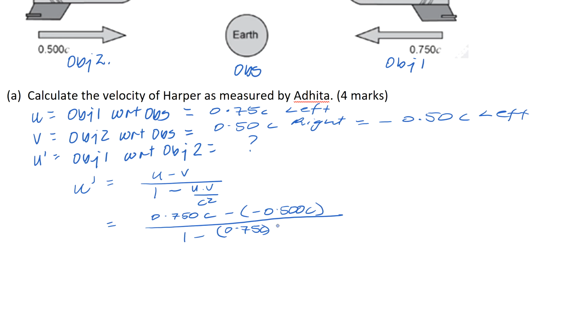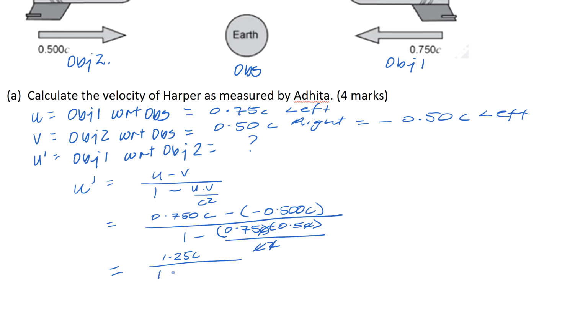See how easy it is to fill in my numbers when I've got everything set out already. So I've got this negative 0.5 c over c squared. The c squared terms will cancel out. What I end up with is 1.25 c on the top line.